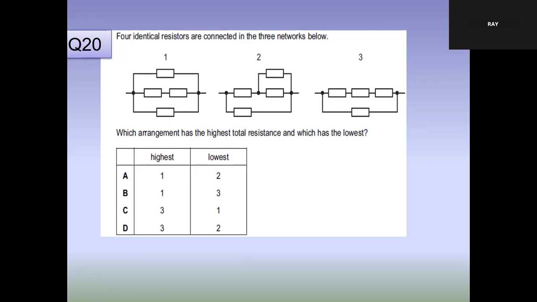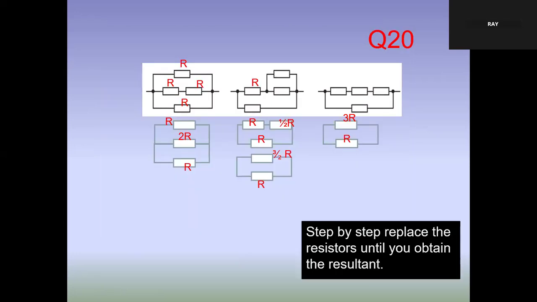I think the second one is the highest resistance. Lowest is the third one. Have to work it out. Answer is C. Work it out.